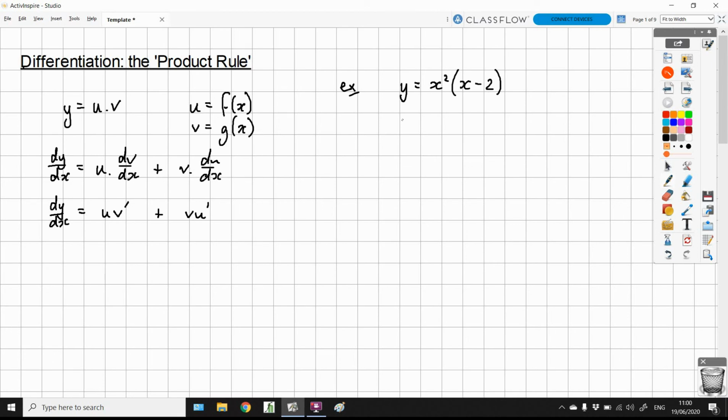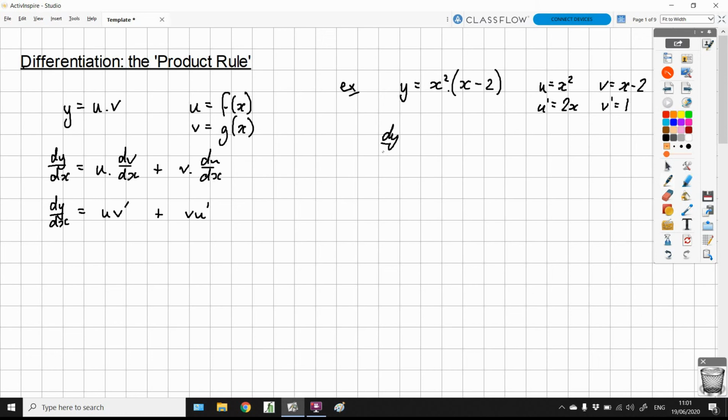However, if we use the product rule, we can see that we have a function of x squared, multiplied by another function of x minus 2. And so we have u equals x squared and v equals x minus 2. Now if we work out u dash, that's a very easy 2x, v dash just equals 1.